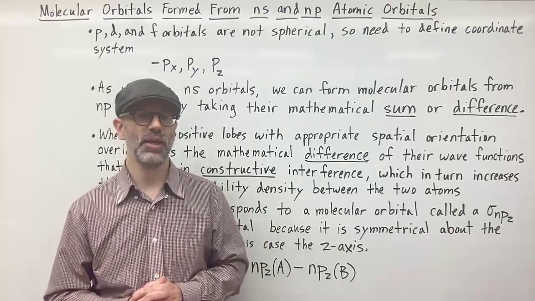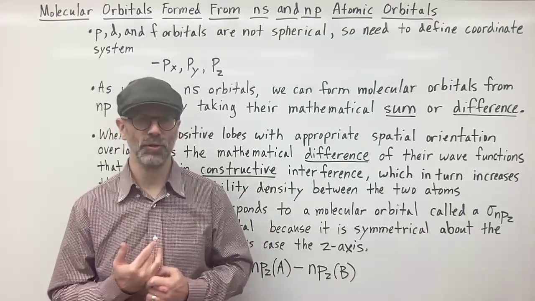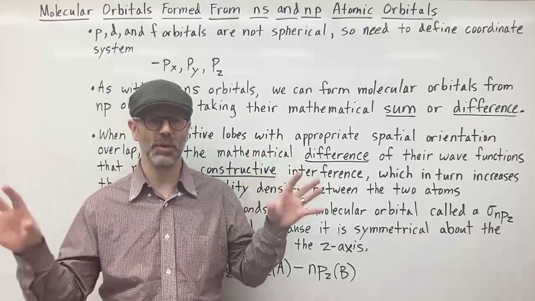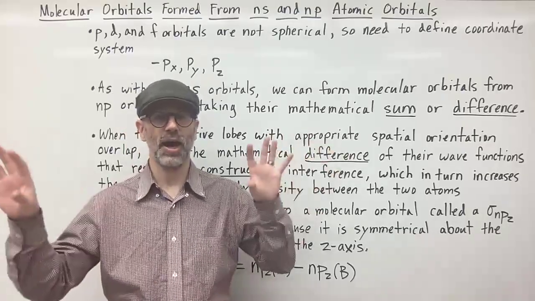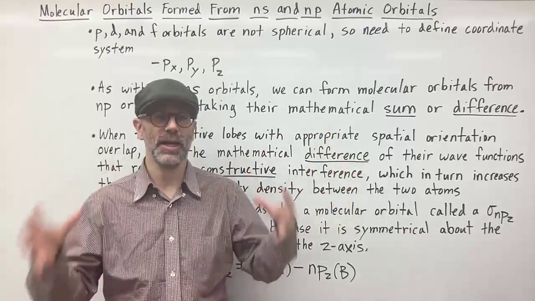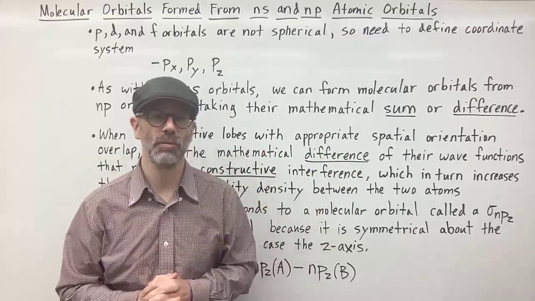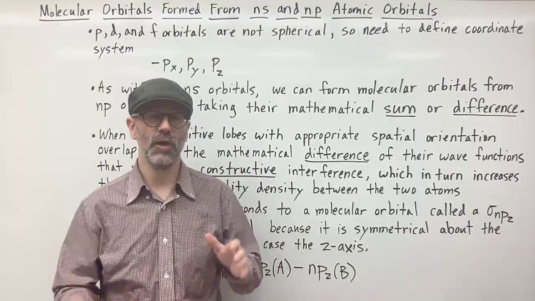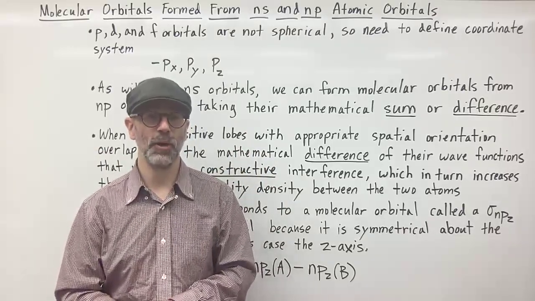You can do the same thing with your p, d, and f orbitals on atoms. So you can take the p orbitals on your different atoms, add those together, have those interact, and those can form molecular orbitals as well. So that's what we're going to talk about in this video.